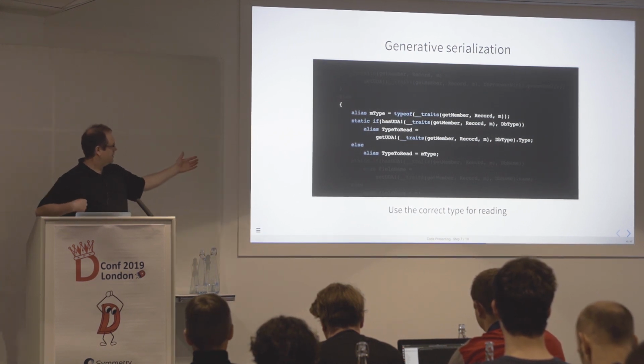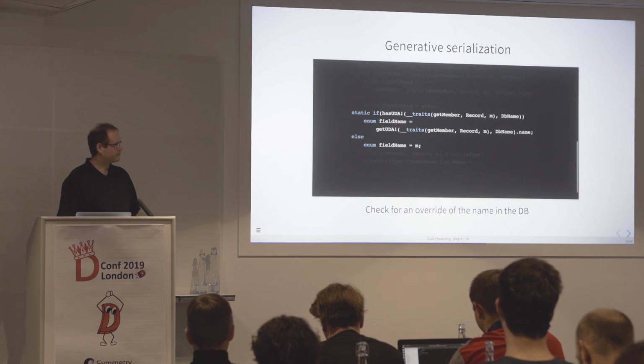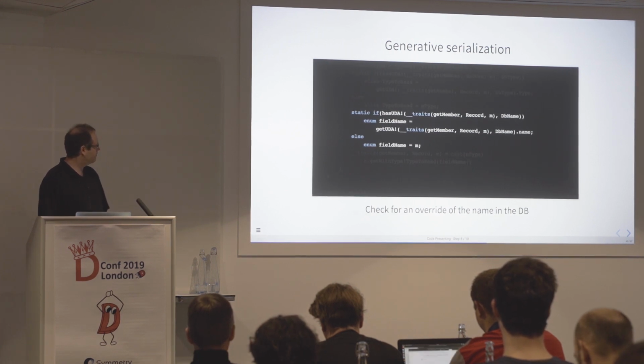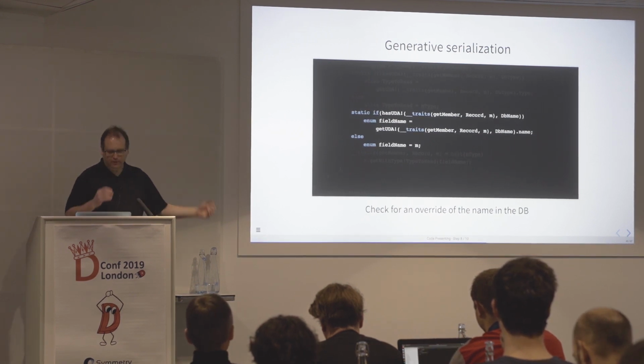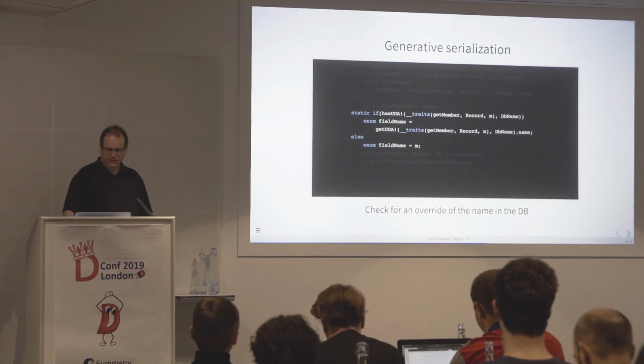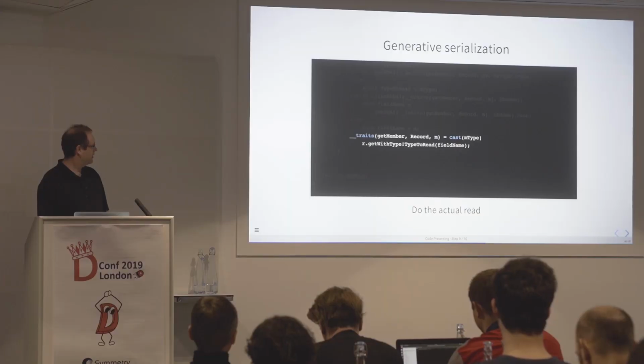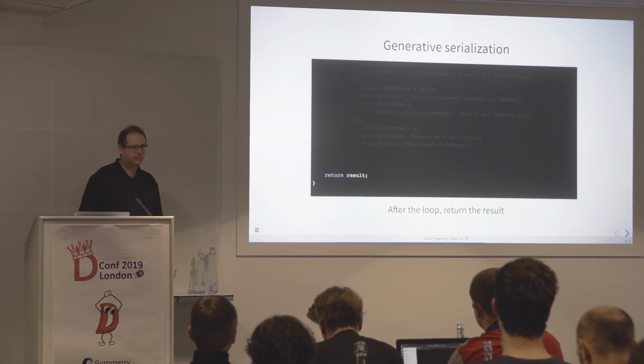And if not, just alias the type to read as the type of the actual member. And check for an override. So this is for that case where we had the class member. And finally, we just do the actual read based on all those things we set up. And that's it. We're done.